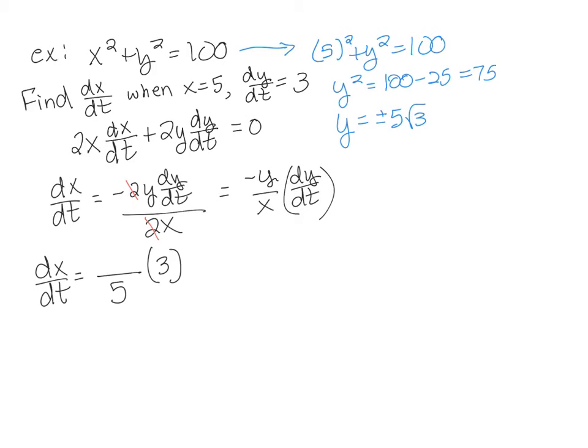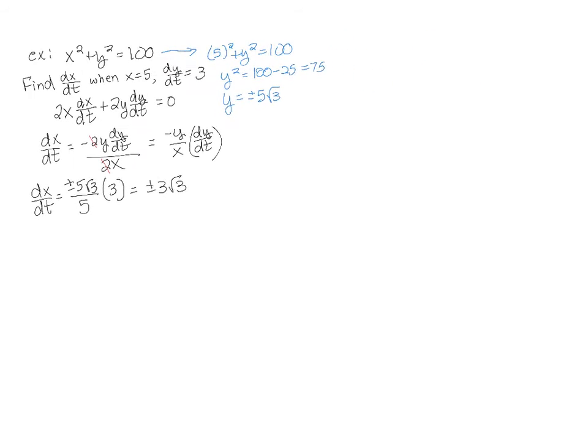And now I can plug that guy into my answer here, plus or minus 5 root 3, and I'm going to get plus or minus 3 square roots of 3 for my rate of change of x with respect to time. Now, what kind of situation could this be looking at?